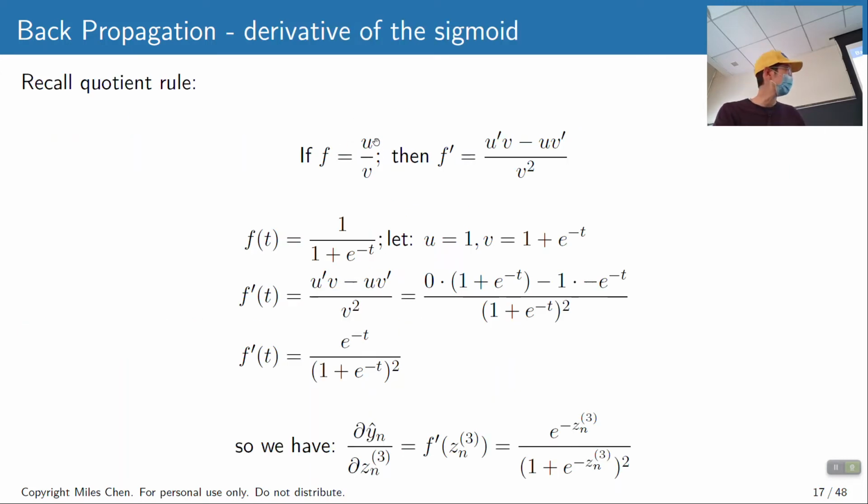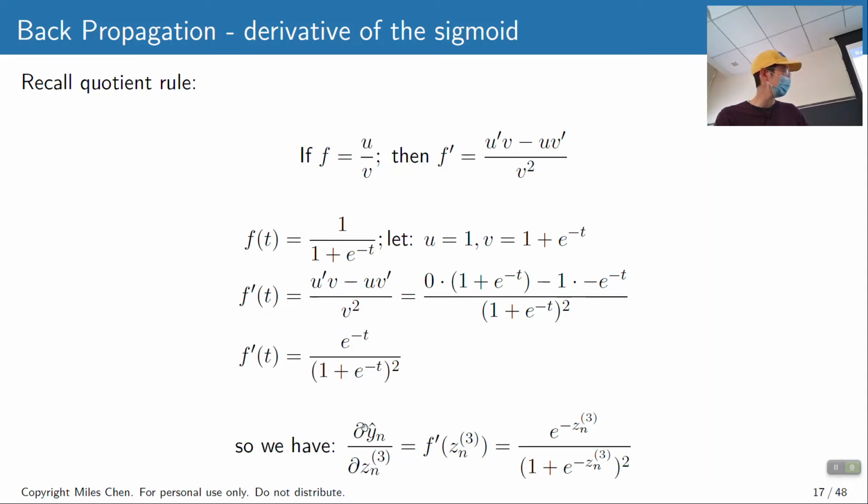Using the quotient rule, we have u over v. The logistic function is 1 over 1 plus e to the negative t, and I let u be 1 and v equal 1 plus e to the negative t. Then we get u prime v minus u v prime over v squared, and the result is e to the negative t divided by 1 plus e to the negative t quantity squared.